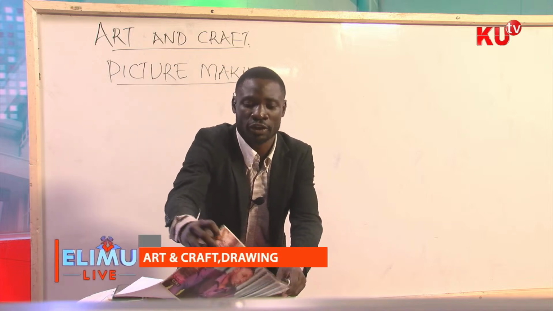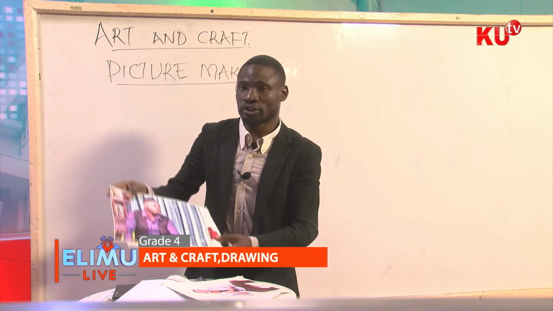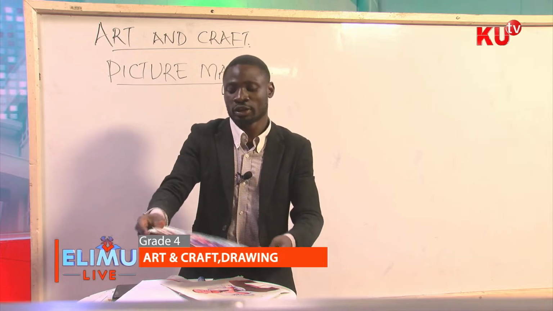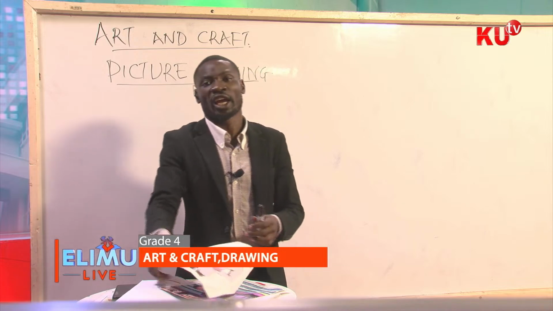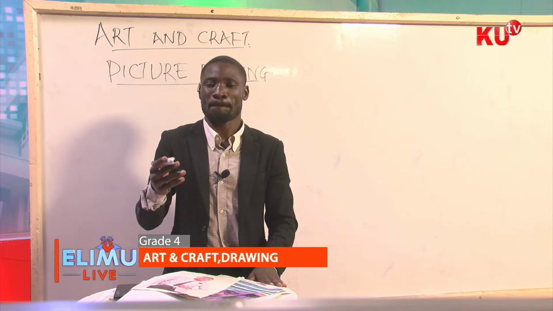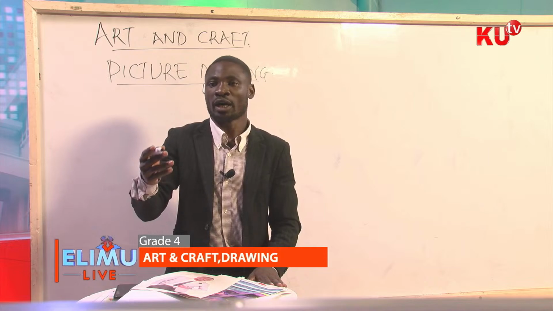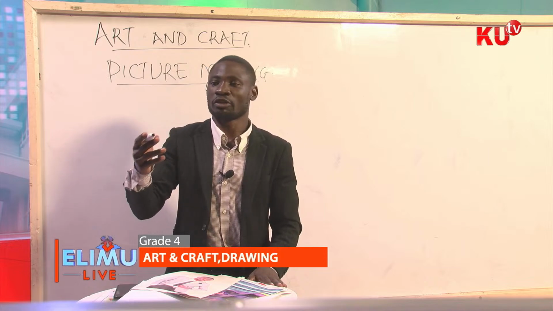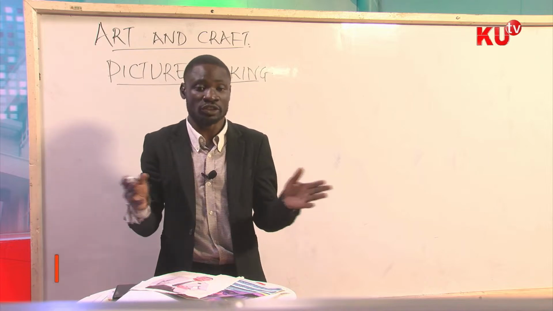We have varieties of them. There's another one. These are pictures. It can be a picture of a building, a flower, a plant, an animal, anything that you desire to make.